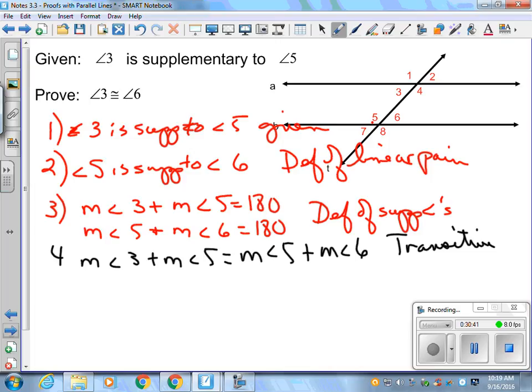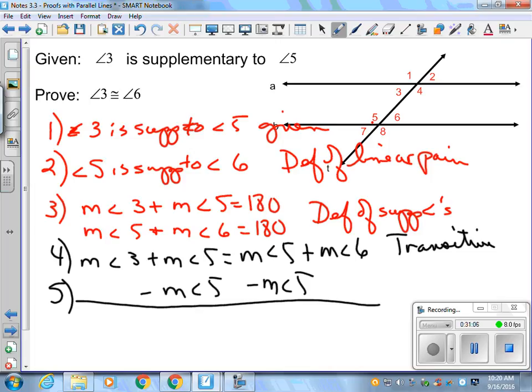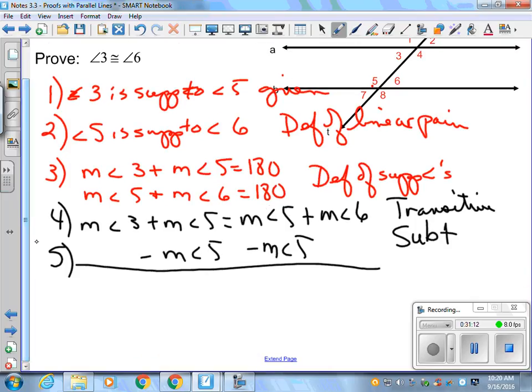Now, what you notice about this equation is that both of them have 5 on both sides, right? Wonder how I could get rid of that. Subtract. Everybody see that? We can subtract the measure of angle 5 from both sides. So step 5, take away the measure of angle 5 from both sides. And we use the subtraction property. And what will be left?